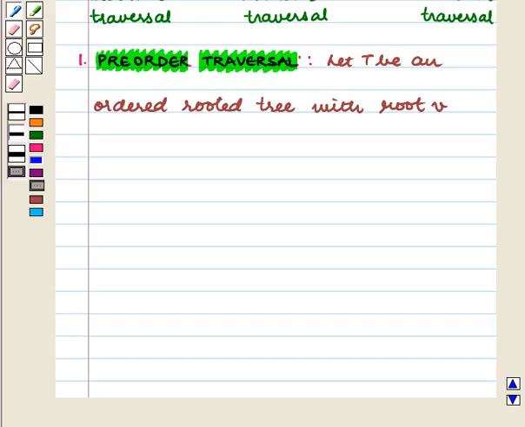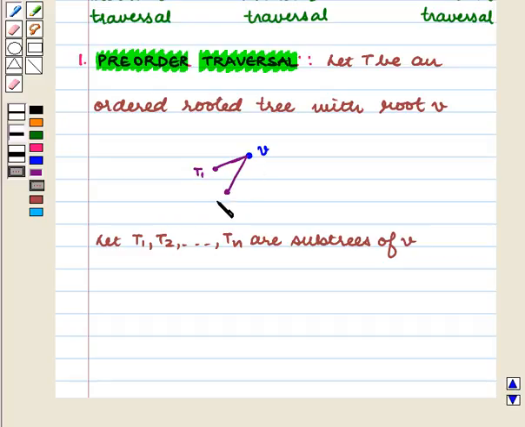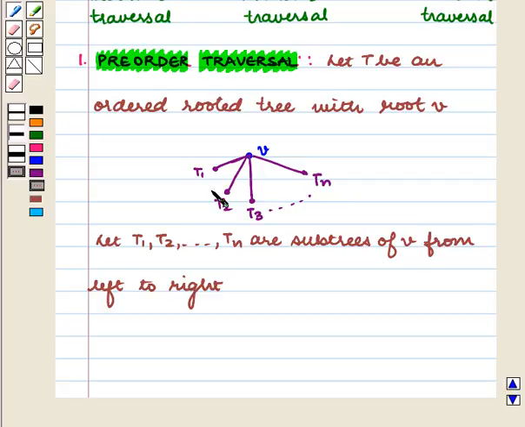Let T be an ordered rooted tree with root V. Let T1, T2, T3 and so on till Tn be subtrees of V from left to right.